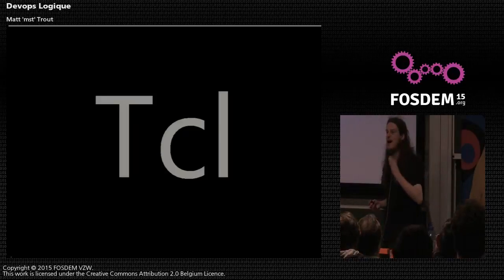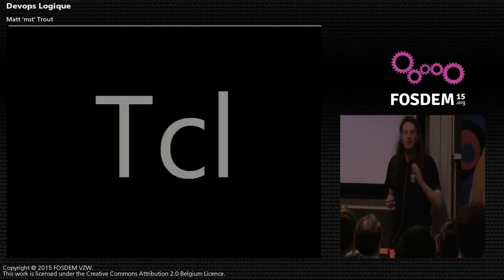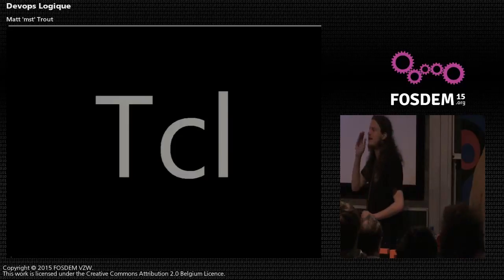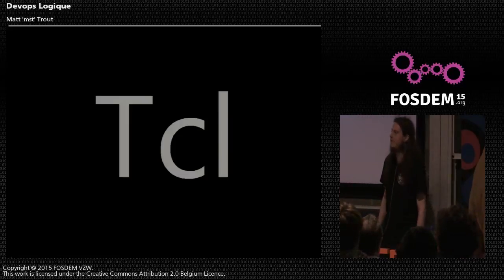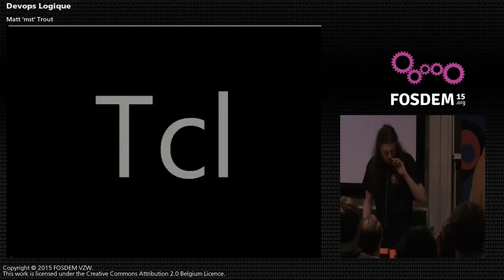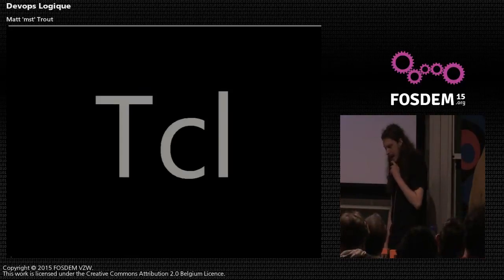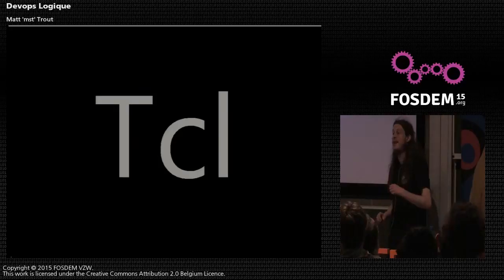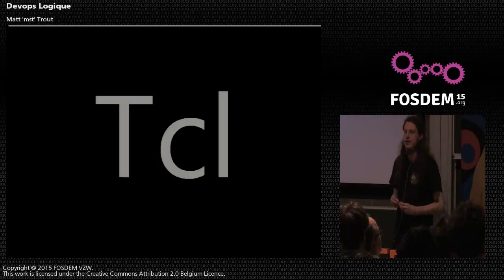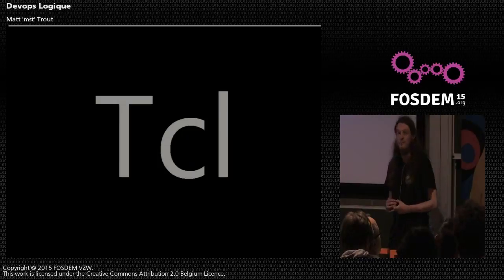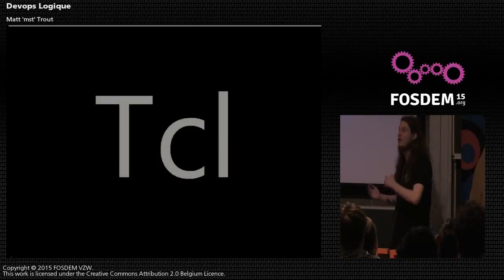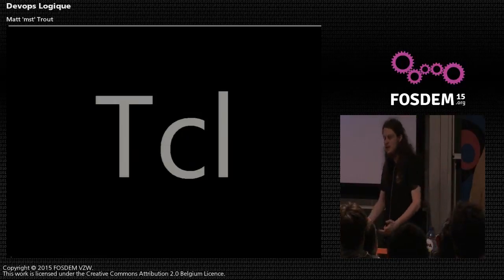In the primary IRC channel for TCL, Eggdrop users are to that channel what people who had just discovered CGI-lib.pl were to Perl channels 15 years ago, in that their problems are almost never anything to do with the language and everything to do with a certain level of being unclear on all the concepts. And also, Eggdrop has this wonderful habit of eating whatever the error message was. So usually the most help you can give to an Eggdrop programmer with a problem is to teach them how to do a try-catch and actually log the error message, at which point the bug tends to become obvious.